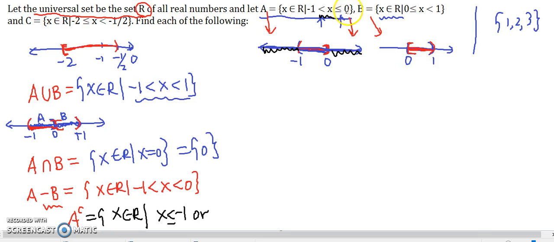But because 0 actually is in A, because x can be equal to 0, 0 is not going to be in the complement. So x is greater than 0. We have to get rid of the equal sign. So it's sort of like the negation we did before. If it's less than or equal to 0, then it's greater than 0. If it's greater than -1, it's less than or equal to -1. That's the complement.